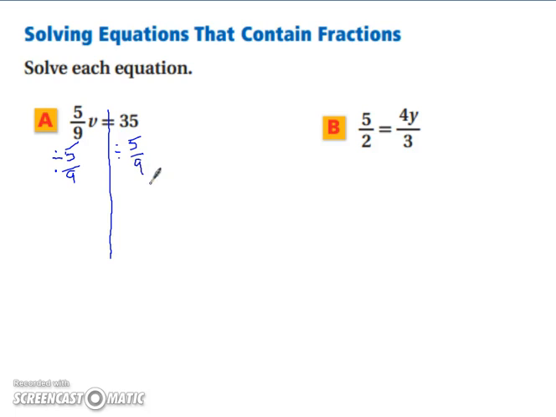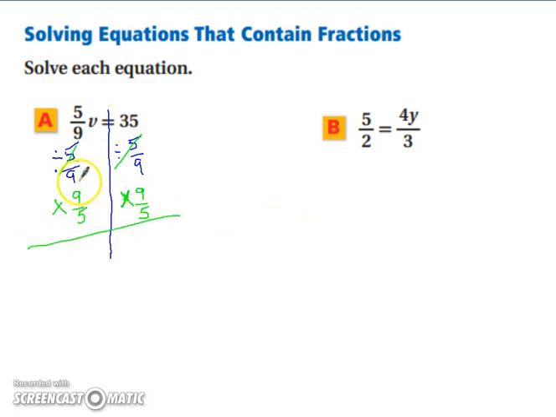Think back to a previous course. Whenever you divide by a fraction, is there some other way you can think about this? Yes, it's the same as multiplying by the reciprocal. So whenever you divide by a fraction, you multiply by the reciprocal.